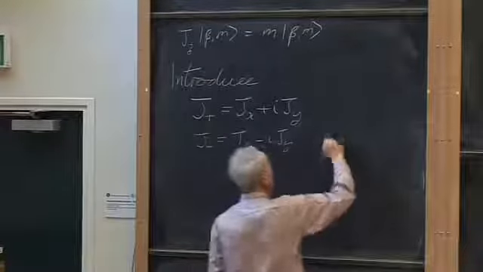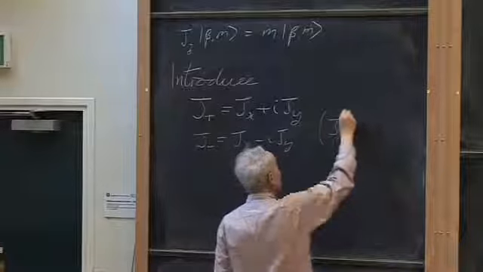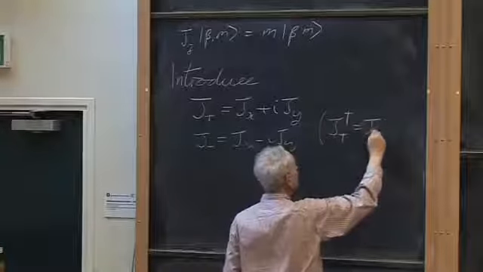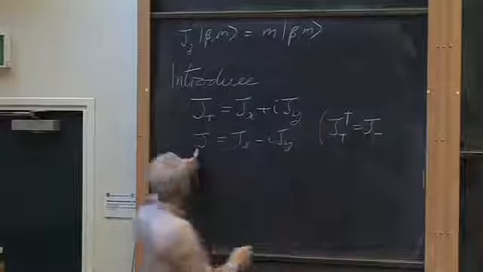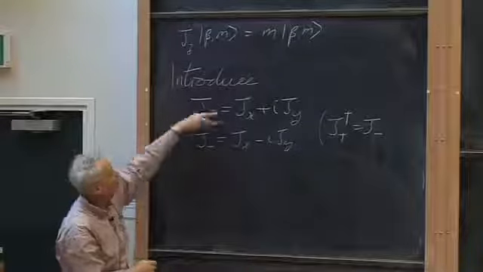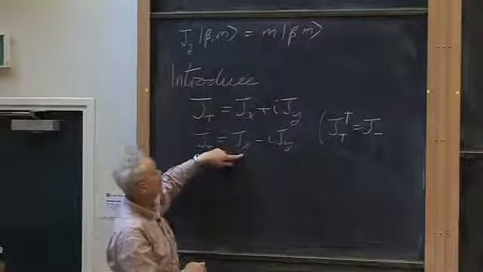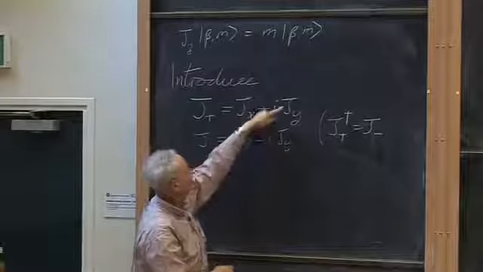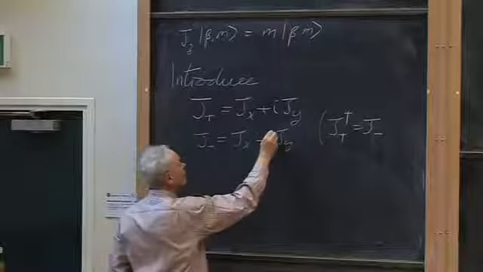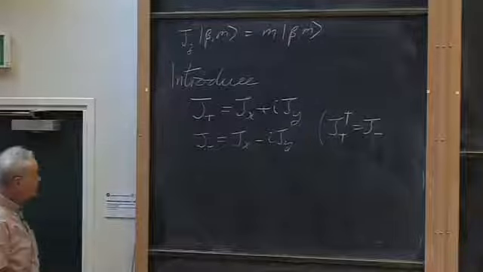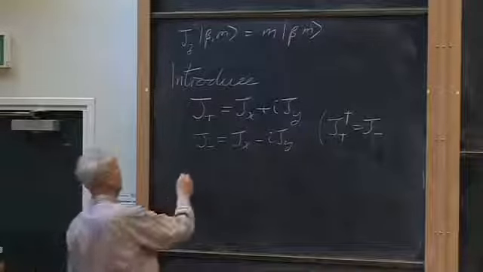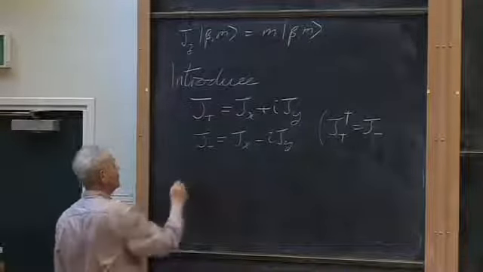And we also have that J plus dagger is equal to J minus, all right? So this thing here is the Hermitian adjoint of that thing there, because if you take the dagger of this equation, this dagger goes into this because it's an observable, that goes to minus I, and this goes into this. So these are tools of the trade. Now we ask ourselves what are the commutation relations?